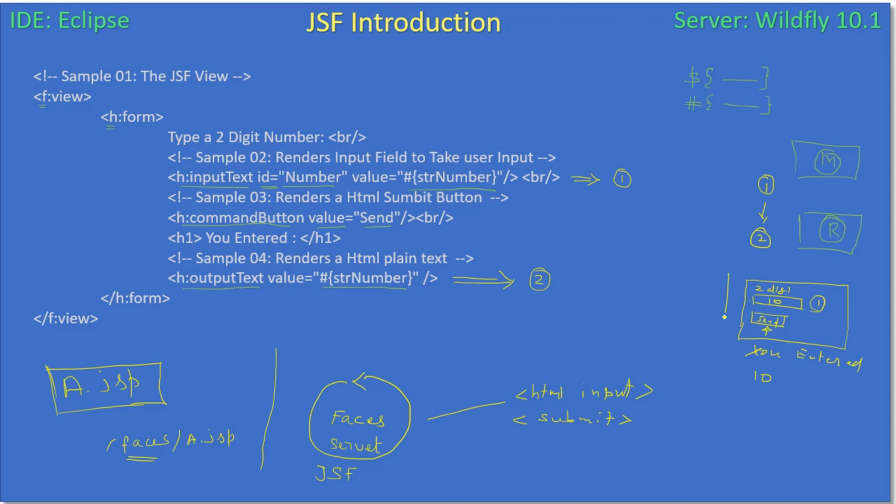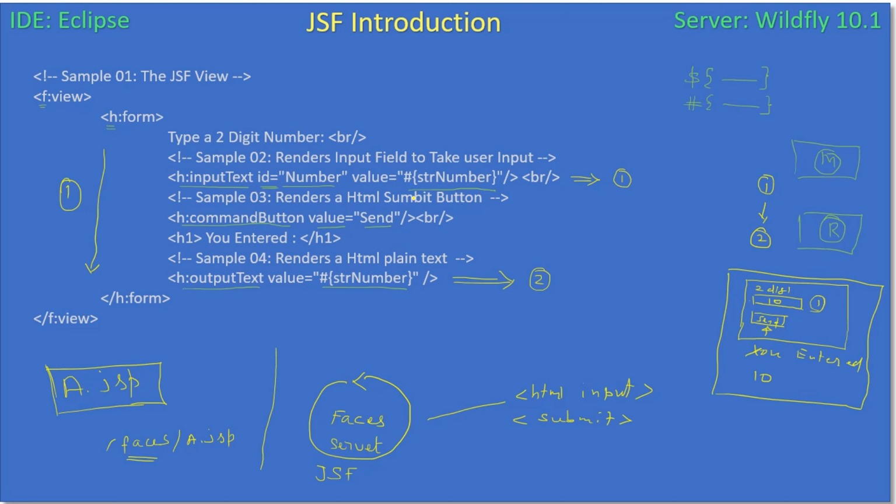Let me explain this once again. When the user typed this URL, the code will run for the first time. When it is running for the first time, the variable will be associated with the input text.